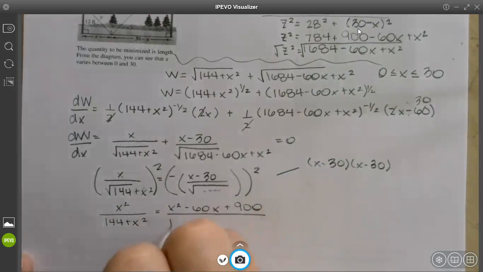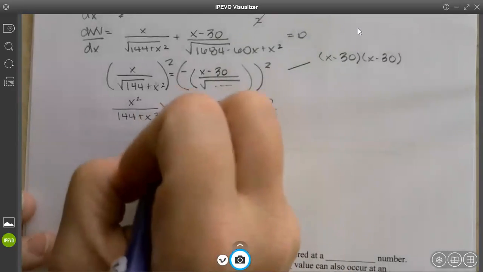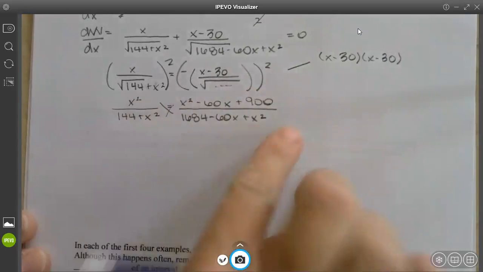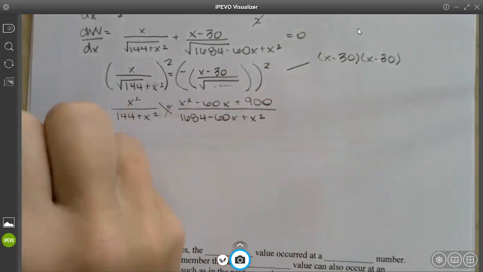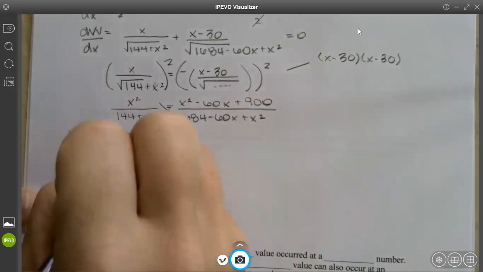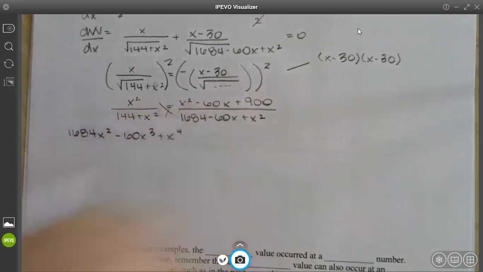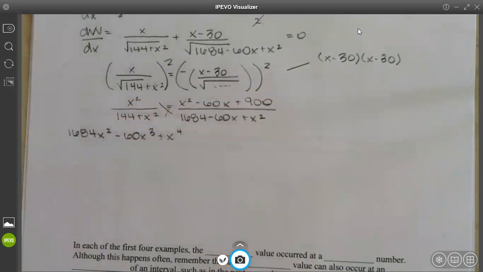On the bottom, it'll just be all of that, 1684 minus 60x plus x squared. It looks rough, it gets better. Okay, looks rough, gets better. So we do have to cross multiply, which means you'll distribute your x squared in here. So 1684 x squared minus 60x cubed plus x to the fourth.